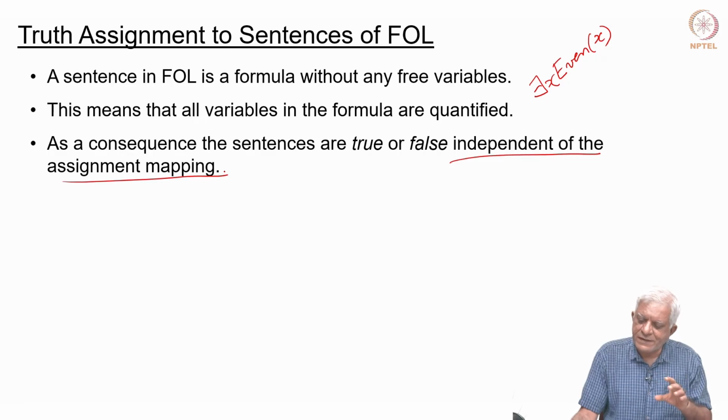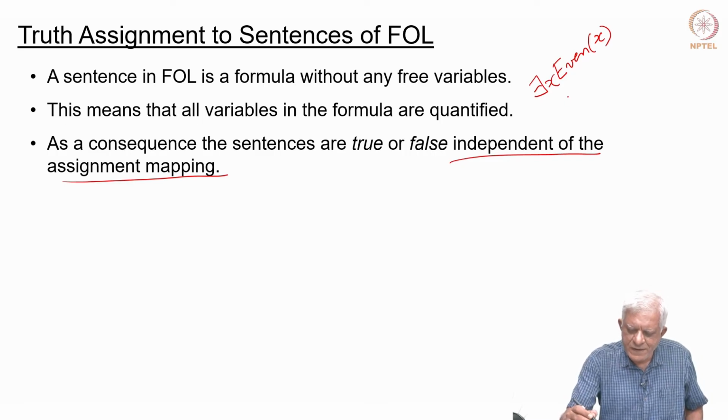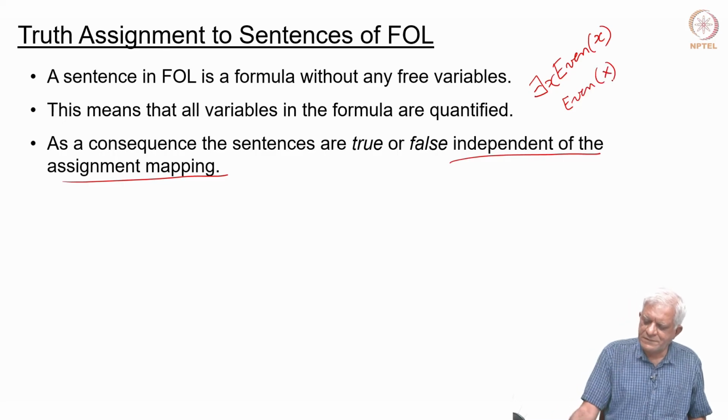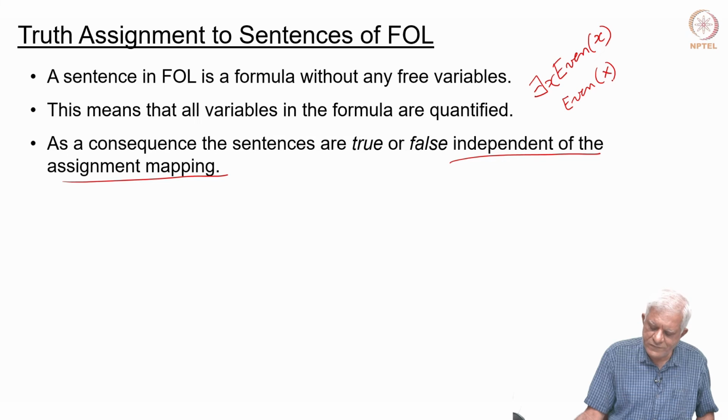Because by definition it says that there exists some x variant, which means there exists some value of x, there exists some assignment in which this formula will be true, and that is why this formula is true and we do not need the assignment function. That is why we work with sentences in first order logic. We do not work with sentences like even x. That is a formula, but it is not a sentence because it has got a free variable. We cannot determine the truth value of such a formula.